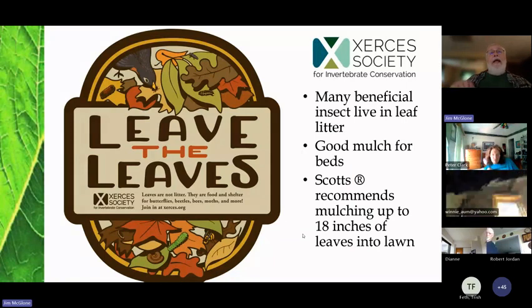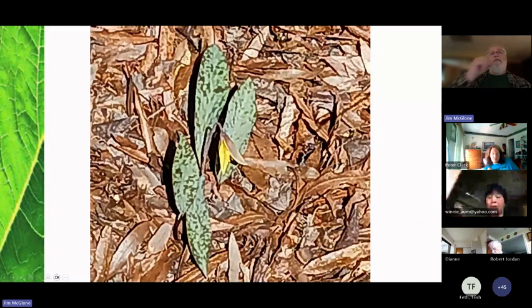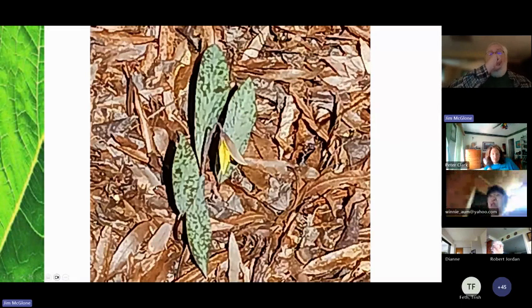Another complaint I get is, oh, we're worried that our plants won't come up through our leaf litter. This is my trout lily. It's been growing in a bed where I actually have been adding some leaves every year because it's near my driveway. So I'm cleaning some of the leaves off into this bed. It comes up every year.